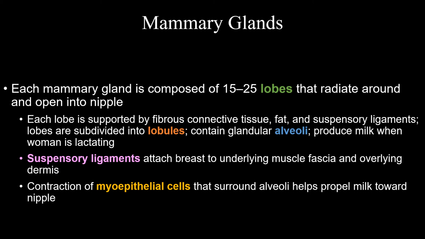And within each lobe, there are smaller units called lobules, which contain some granular alveoli, and this produces milk when a woman is lactating. Contraction of some myoepithelial cells that surround these alveoli propels the milk from the cells toward the nipples.